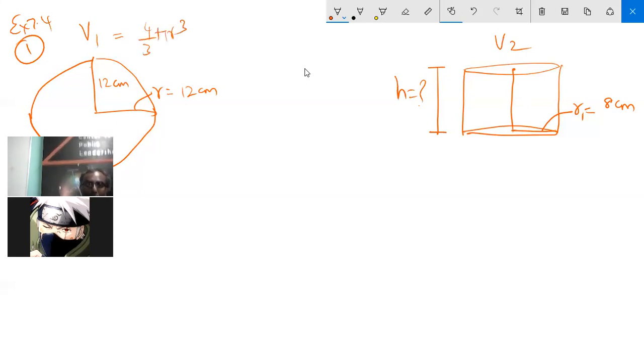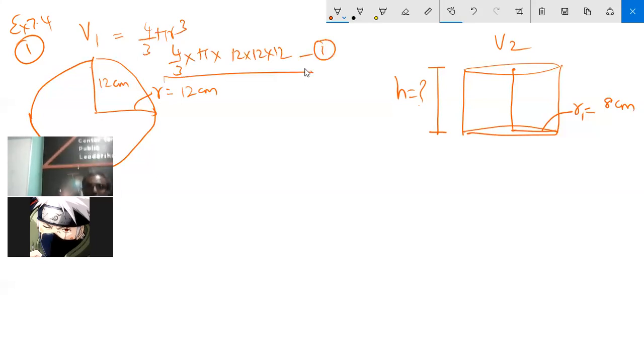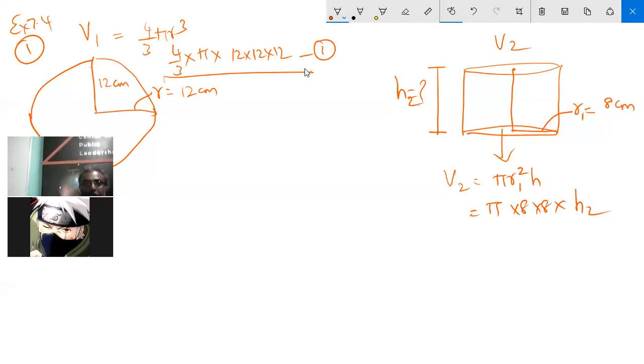So 4/3 into pi into 12 into 12 into 12. Okay, this is volume 1. Now it is cast into a cylinder. Here, what is the volume? Volume of a cylinder is pi r square h. Here pi into 8 into 8 into h2. Both are equal now. V1 equal to V2, because this sphere only is made into the cylinder, right?